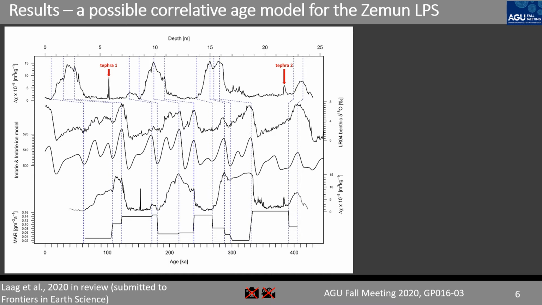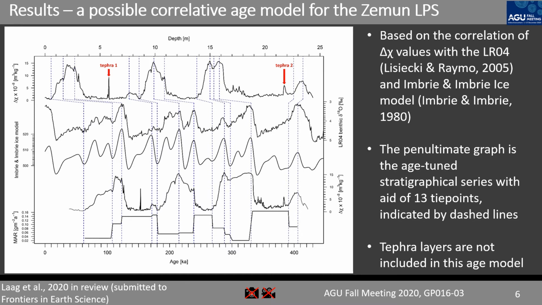From that we can derive mass accumulation rates, which are obviously much higher in the glacials than in the interglacials. This pattern follows the general scheme of the Eurasian Loess Belt, that we have increased mass input or dust accumulation during the glacials and reduced in the interglacials.